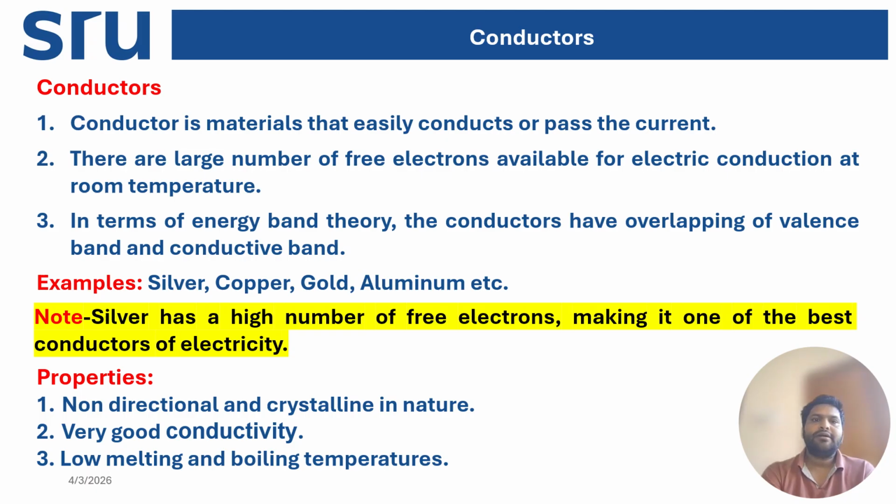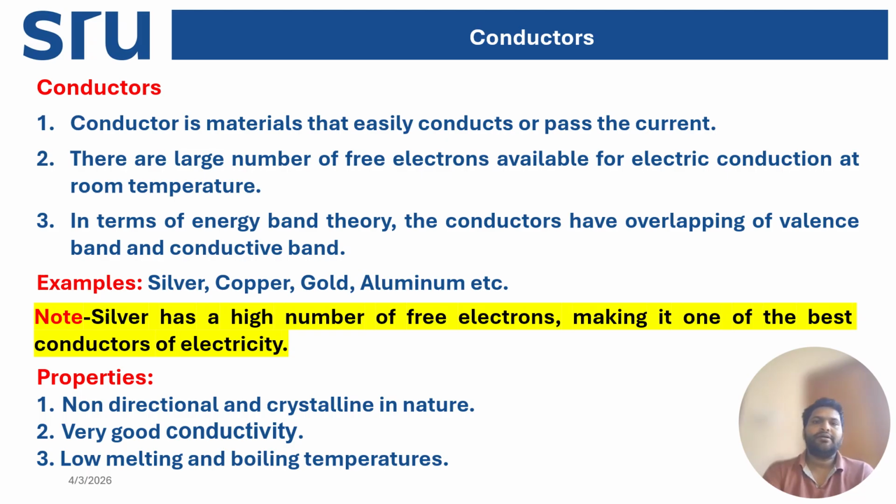Types of conductors can be classified into metallic conductors such as copper and aluminum, where current flows due to free electrons, and electrolytic conductors such as salt water, where current flows due to the movement of ions.